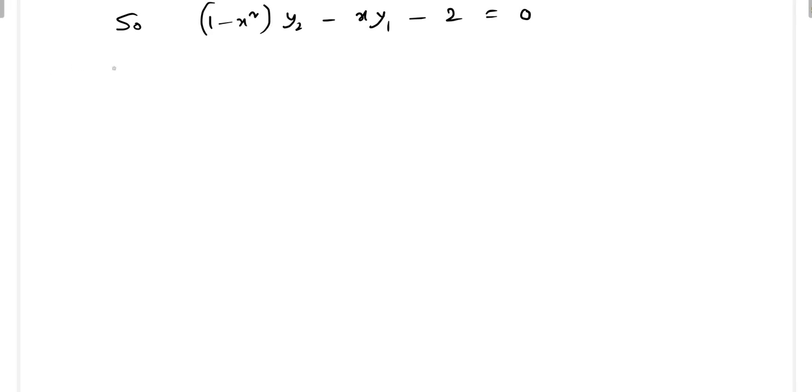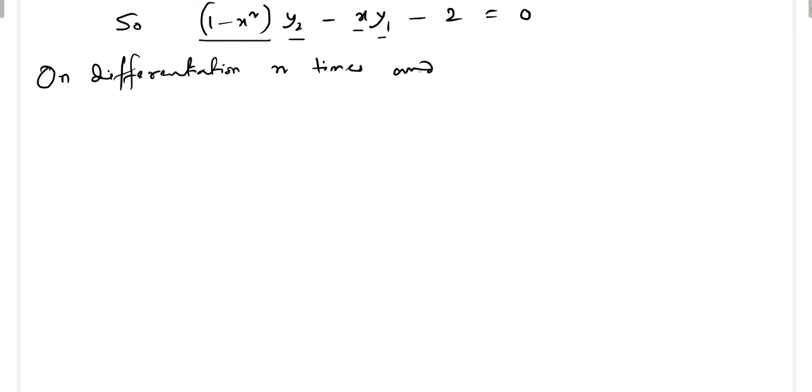So I already told you this choice will be v, always it will be v, it will be u, it will be v, it will be u, and this is constant. So on differentiation n times, and applying Leibniz rule, we get.